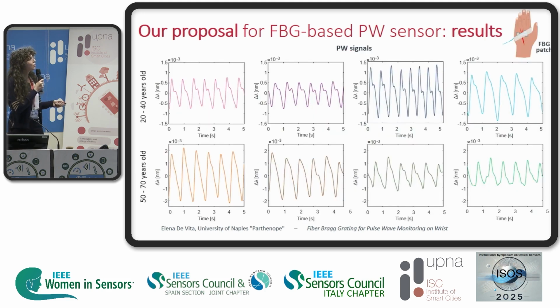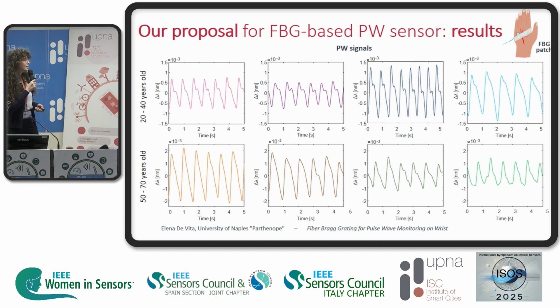So here we can see some of the results that we obtained in the first configuration for 8 healthy volunteers. They are divided by age. The first row shows the results for the volunteers aged from 20 to 40 years, and the second row represents the results obtained for the subjects from 50 to 70 years.